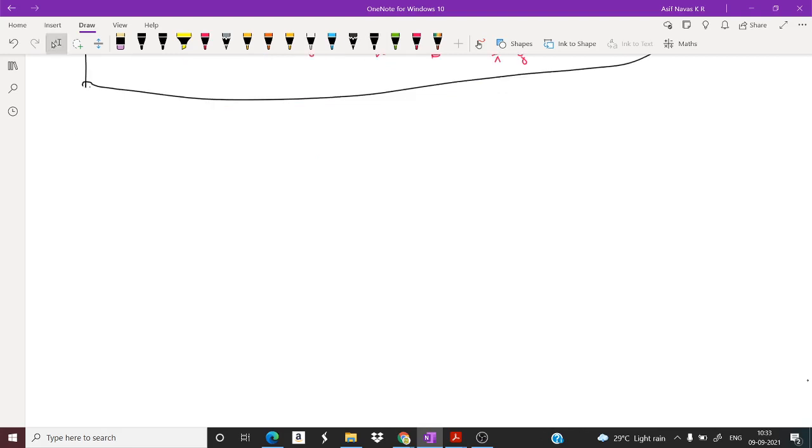Now we will do a problem. So write down a problem. One. Using Fourier cosine integral. So in the question itself, it is given that Fourier cosine integral.